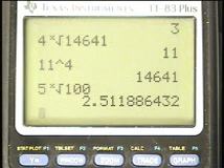It gives a decimal approximation around 2.5, because there is no whole number that's going to give me 100 when I raise it to the fifth power. 2 to the fifth power gives me 32, and 3 to the fifth power gives me 243. So I miss 100. It's about 2.5, but the calculator can only give me a decimal approximation.